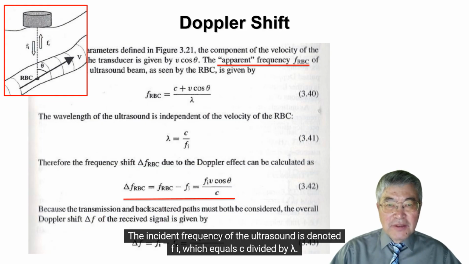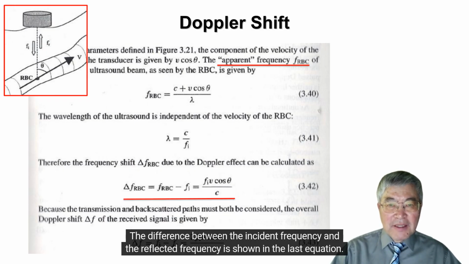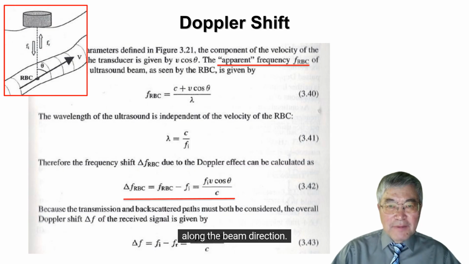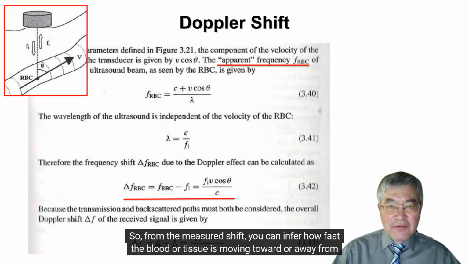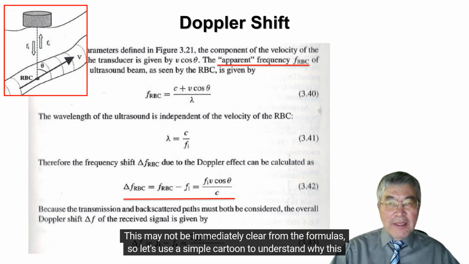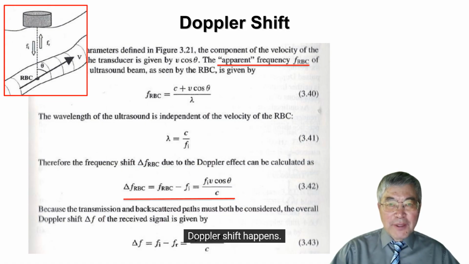The incident frequency of the ultrasound is denoted Fi, which equals c divided by L. The difference between the incident frequency and the reflected frequency is shown in the last equation. This frequency difference, called the Doppler frequency shift, allows you to calculate the velocity component along the beam direction. So, from the measured shift, you can infer how fast the blood or tissue is moving toward or away from the transducer. This may not be immediately clear from the formulas, so let's use a simple cartoon to understand why this Doppler shift happens.